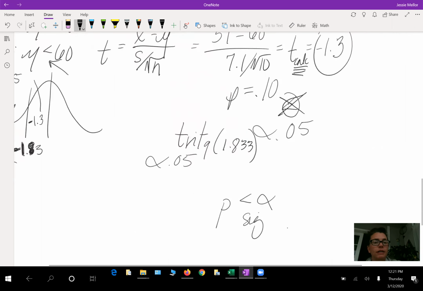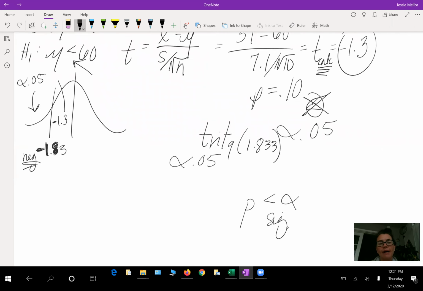So if I do a little thing here, with 1.833, I'm over in the negative land because my less than sign told me to be. But remember, your table values are always going to be positive because it's symmetrical, so it'll be exactly the same on the flip side.